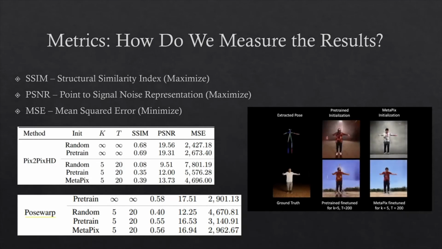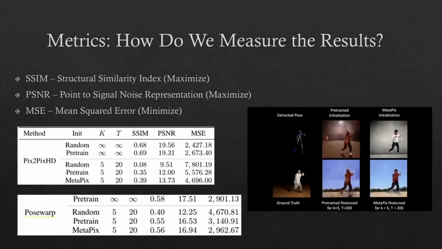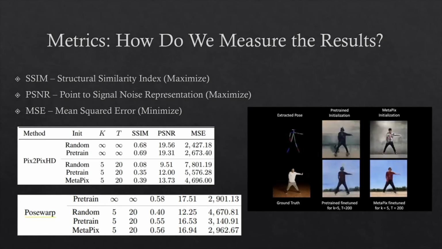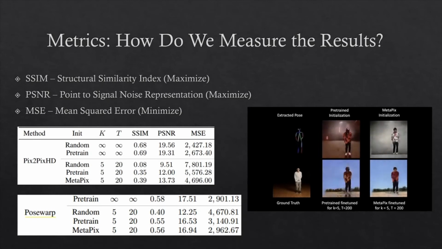So now we can talk about the metrics. How do we measure the results of MetaPix? First, we define 3 metrics. The first one is structural similarity index, which measures the similarity between 2 images, and we want to maximize that.